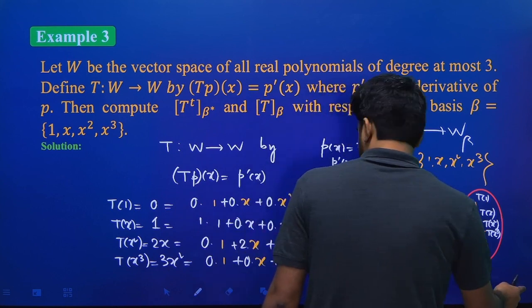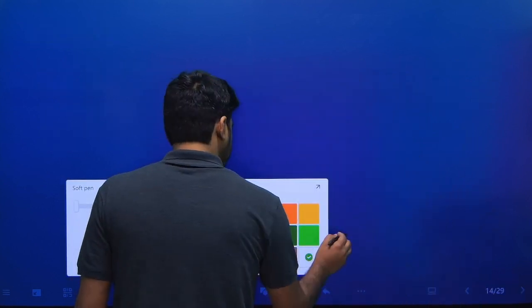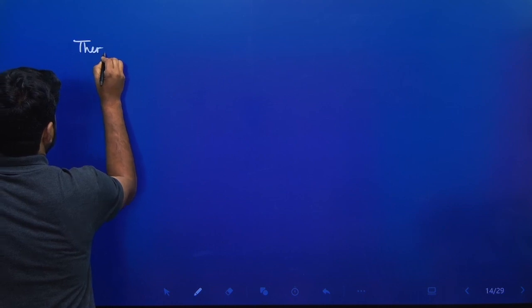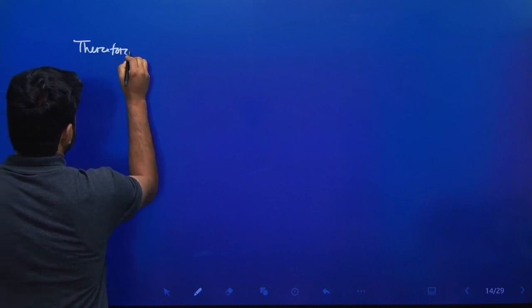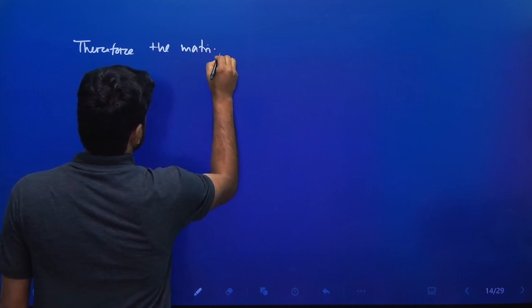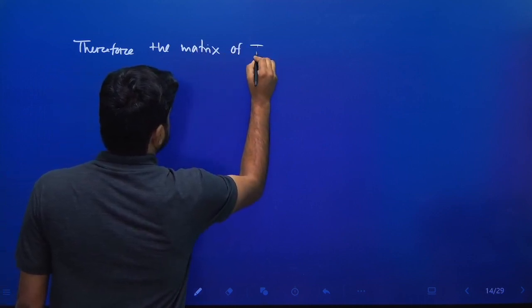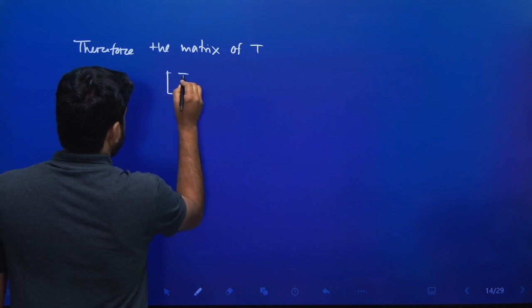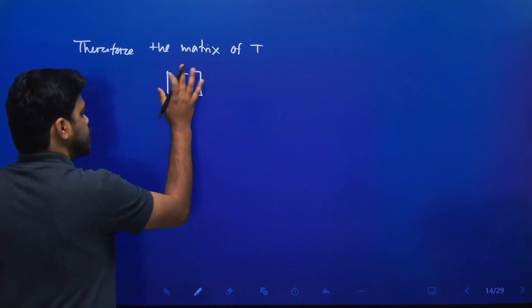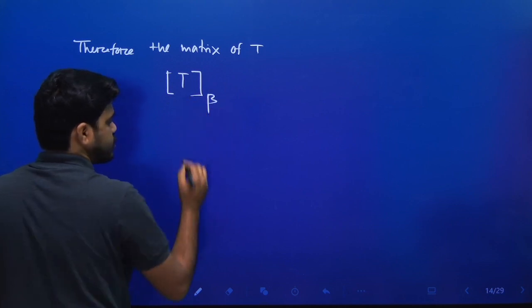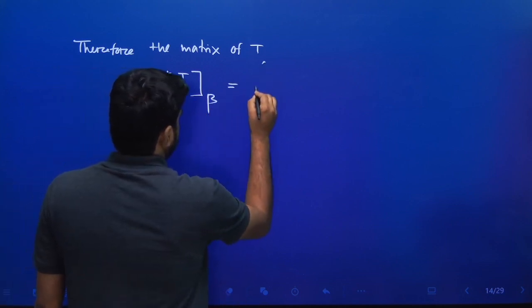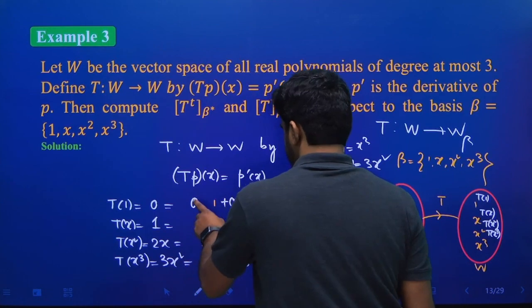So therefore the matrix of T, you can write it simply like this. The first column will be 0 0 0 0.